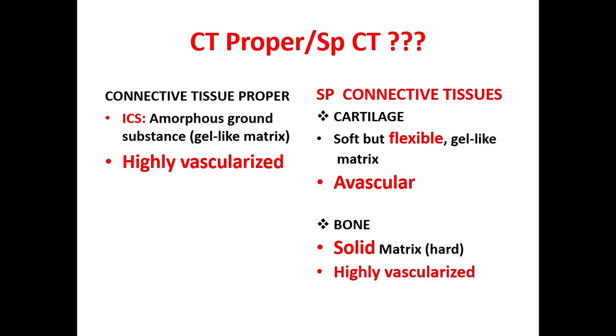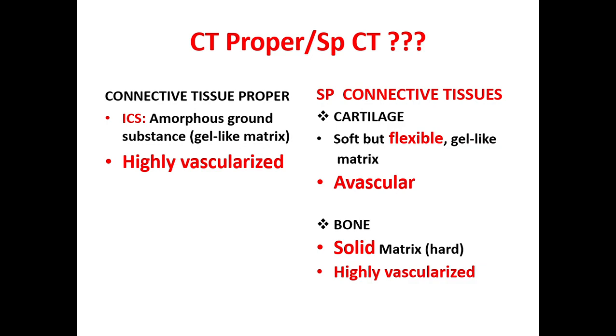So in the connective tissue proper, the ICS, or the amorphous ground substance, is gel-like matrix, okay, and they are highly vascularized. While in cartilage, the ICS is soft but flexible gel-like matrix, and they are avascular.